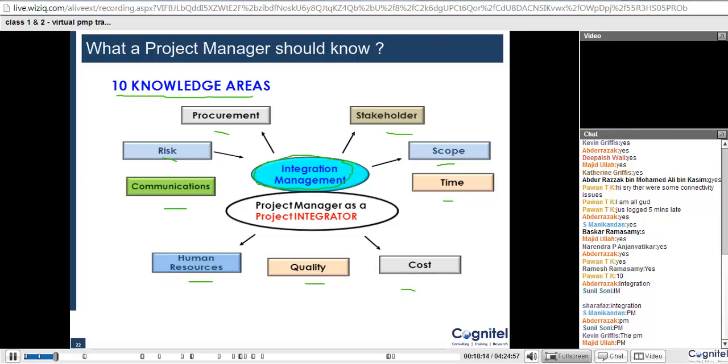So that is the major role of the project manager, to do the integration management, and of course the rest of the 9 knowledge areas he should always be aware of.